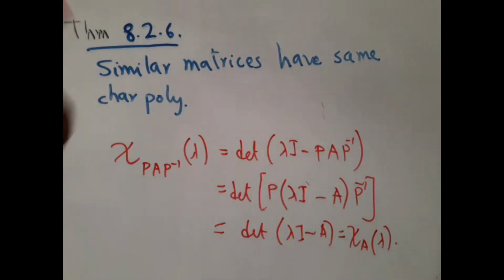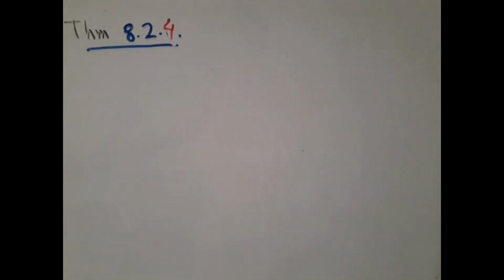Immediately we see eigenvalues and algebraic multiplicities are also preserved by similarity transforms. Theorem 8.2.4 is also motivated from the same principle, namely invariance under similarity transform.